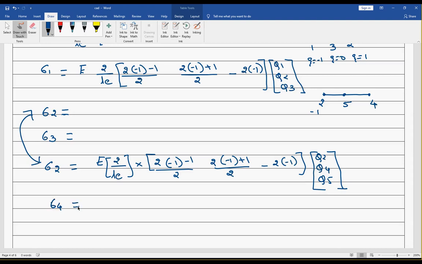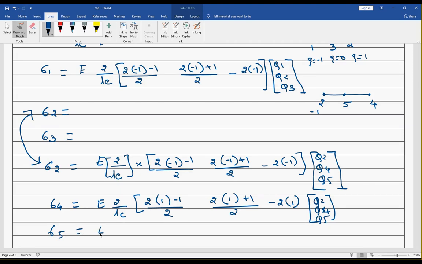Then I can calculate sigma 4. So E 2 by LE into 2 into 1 minus 1 by 2, because xi value is 1 at that location, 2 into 1 plus 1 divided by 2, minus 2 into 1, and this will be q2, q4 and q5.